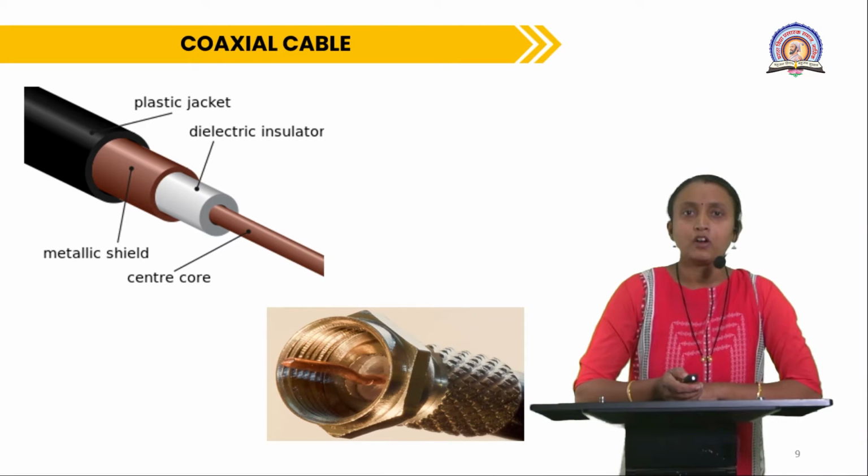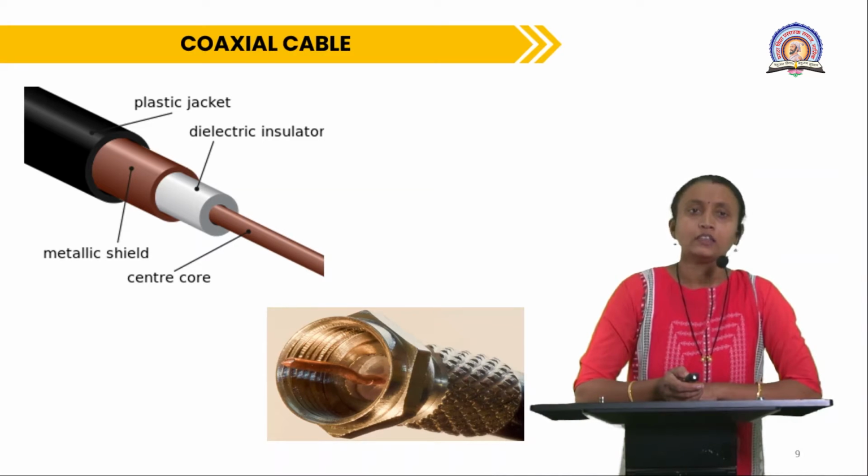The second type of wired media is coaxial cable. As its name indicates, it contains two conductors. The inner conductor is made from copper wire, a standard one. That inner conductor or center core is surrounded by PVC, also known as dielectric insulator, which is enclosed by an outer conductor of metal foil, braid, or both.